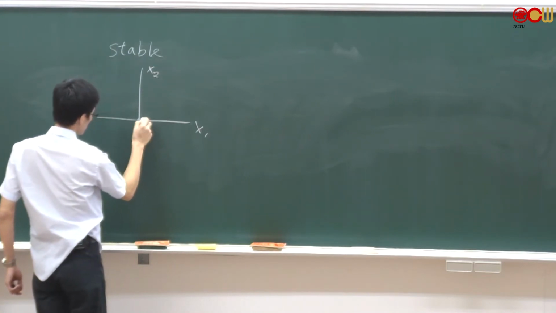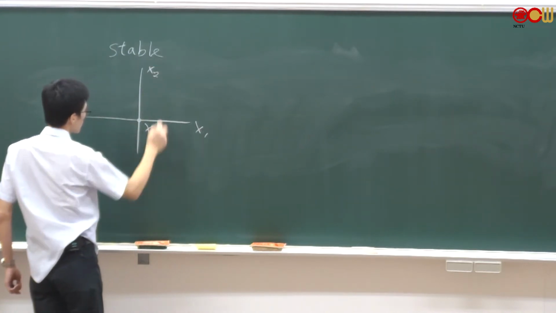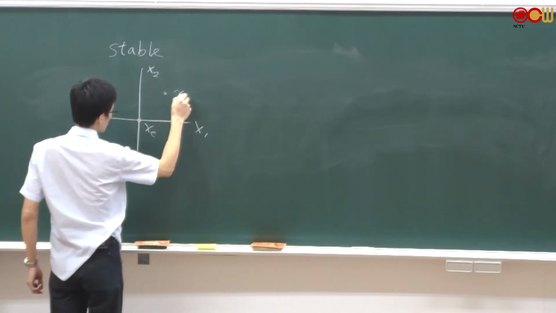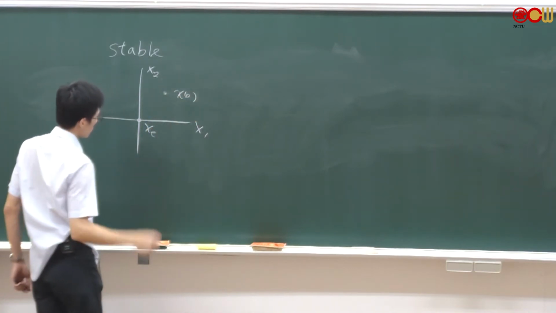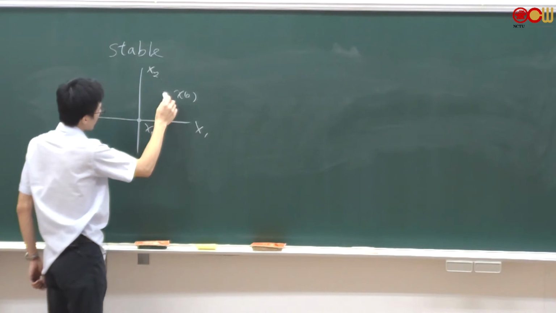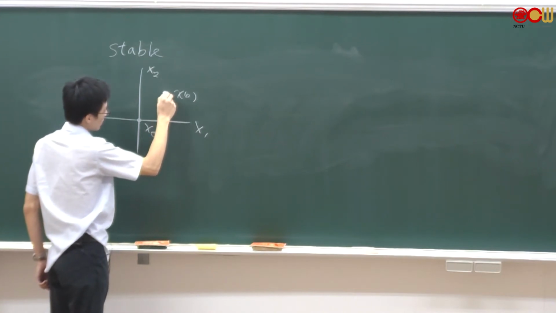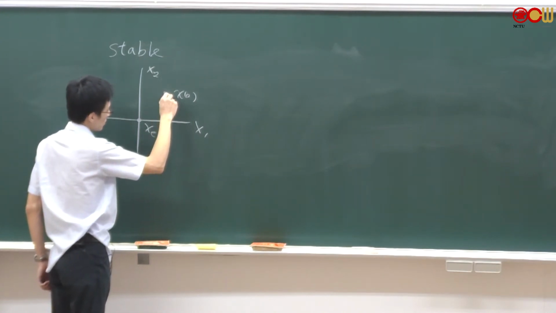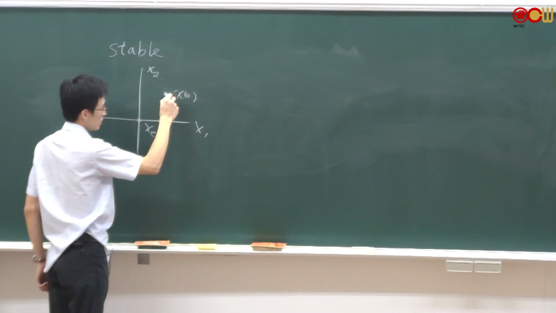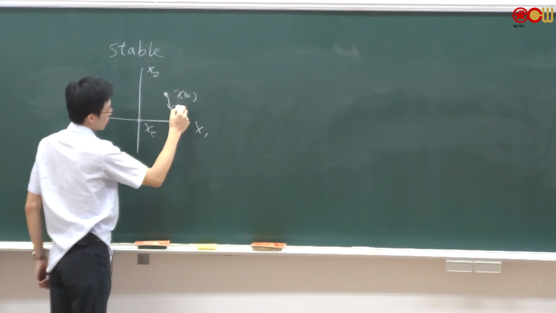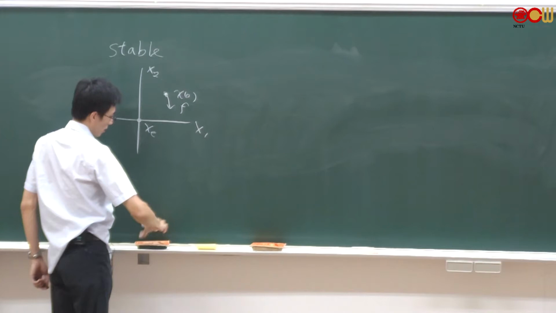Assume here is your equilibrium point, and you start from here, x0. After you start from here, the motion of the states is driven by f(x).